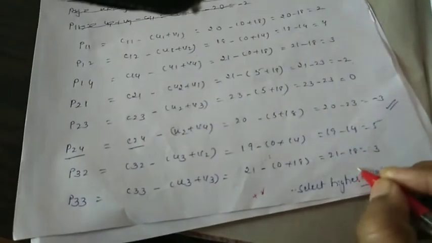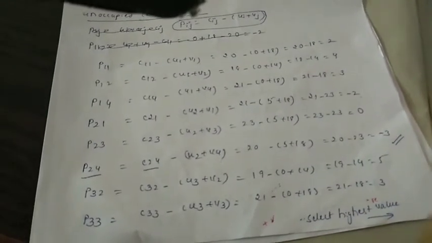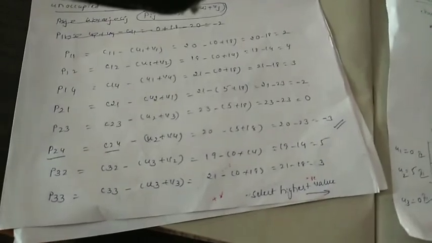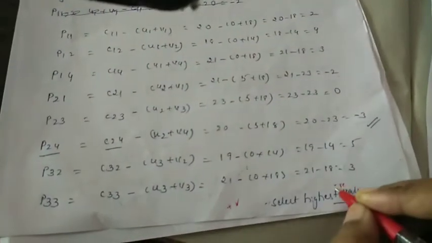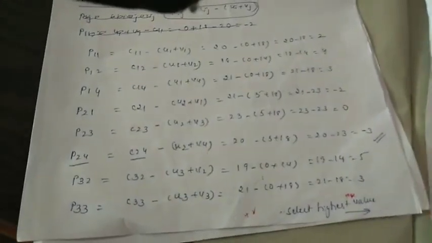So how to avoid this negativity? We just select the highest negative value. The highest negative values are in -2 and -3. Actually -2 is the greater number, but in this case we ignore the sign and take 2 and 3, and just take the highest value.